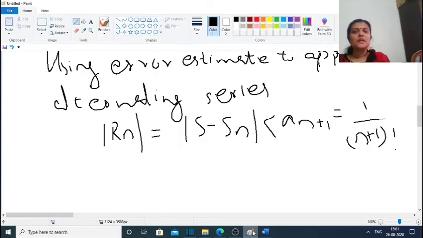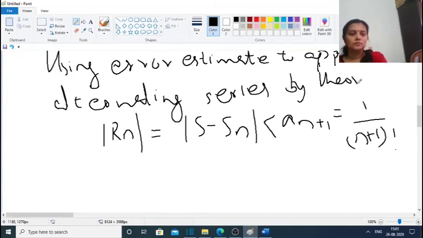So using the error estimate for approximating an alternating series, by the theorem we have modulus of Rn is equal to modulus of s minus Sn less than an plus 1, which is equal to 1 by n plus 1 factorial.